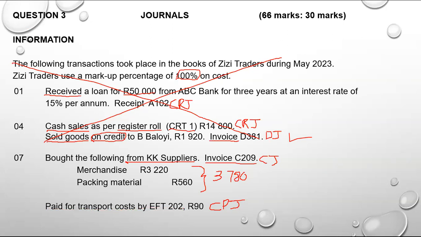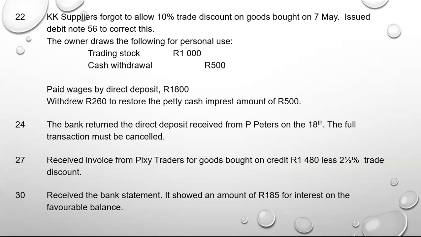Oh, so they said it's 10% on what exactly? Is it on the total purchase price? Oh, they say just on goods. Goods is merchandise, by the way. So only on merchandise. They didn't give us a discount on the total price, but only on merchandise.